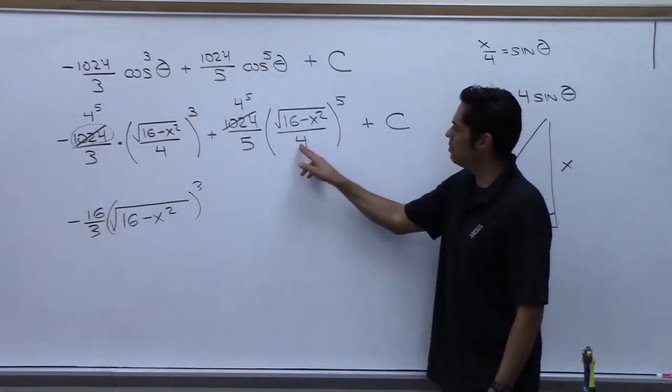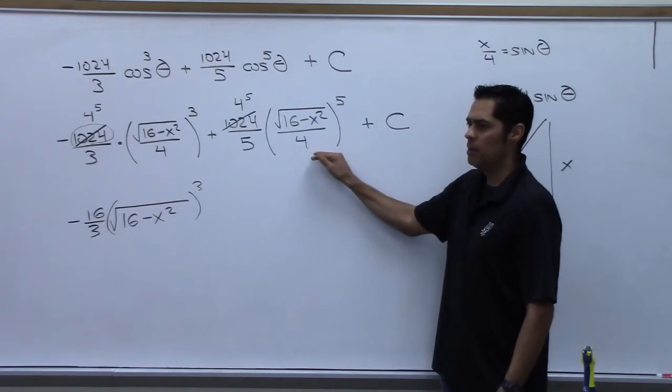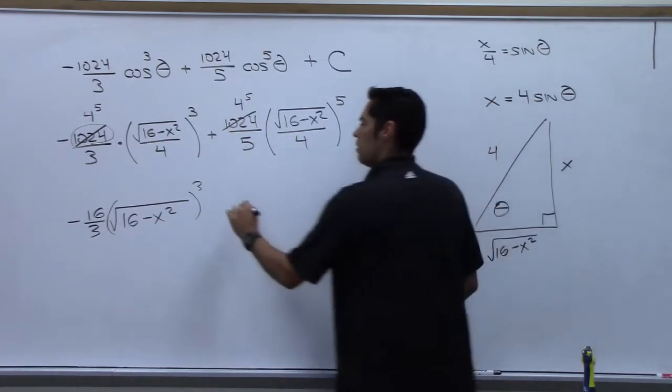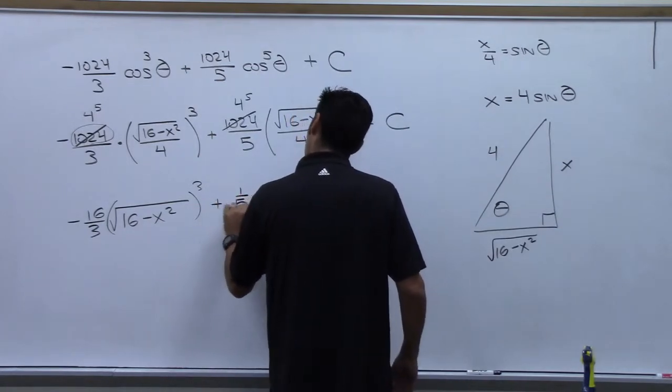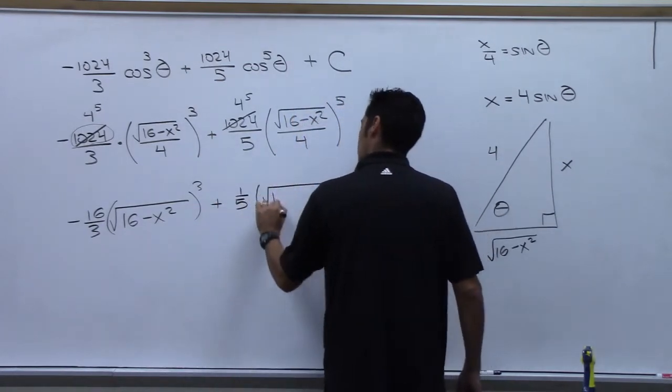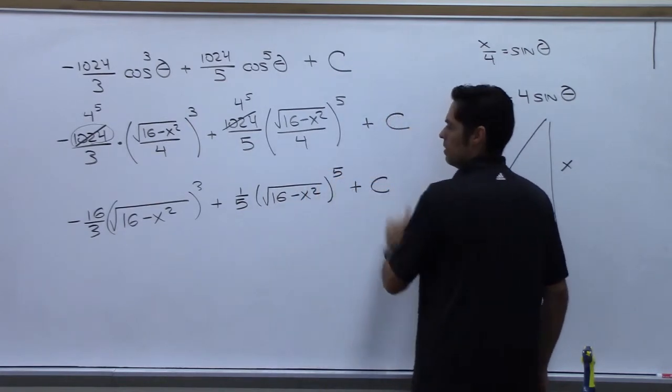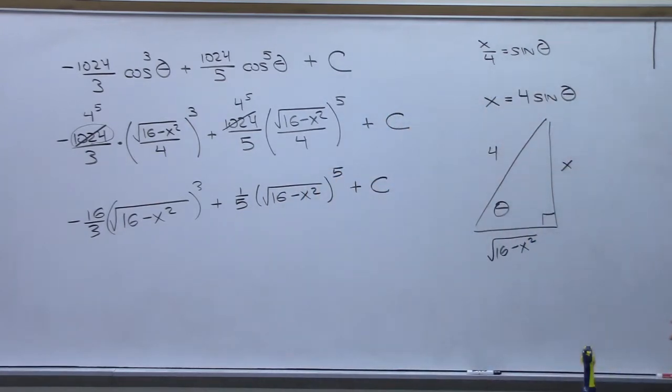Same story here. This is 4 to the 5th, right, on the bottom? But then 4 to the 5th up here, and they cancel completely. And you're left with 1/5 square root 16 minus x squared to the 5th plus c. Now we're there.